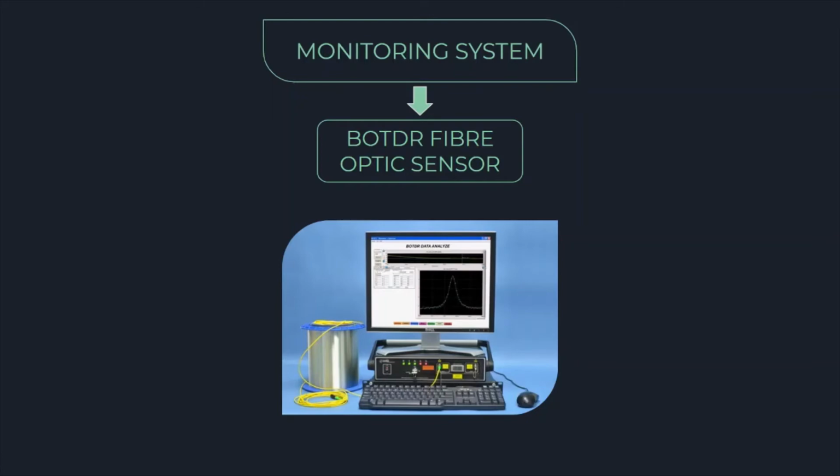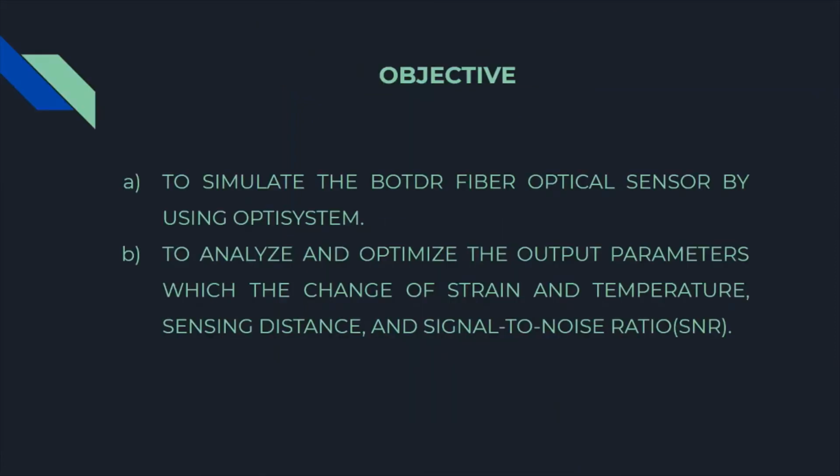My objective for this research is to simulate the BOTDR fiber optic sensor by using the optic system. The second is to analyze and optimize the output parameters, which are the change of strain and temperature, sensing distance and signal to noise ratio.